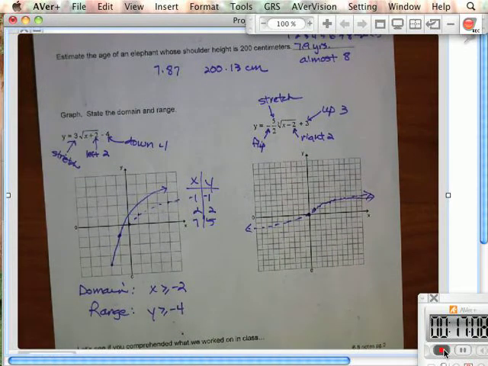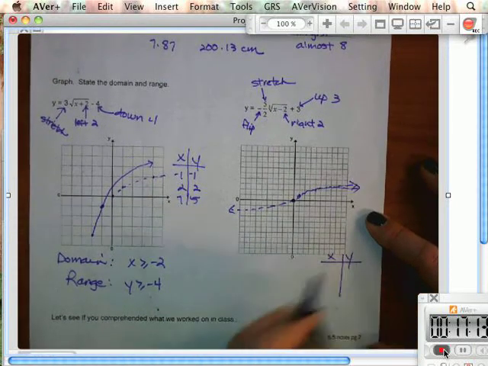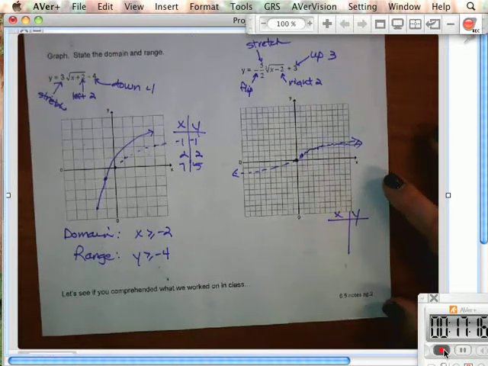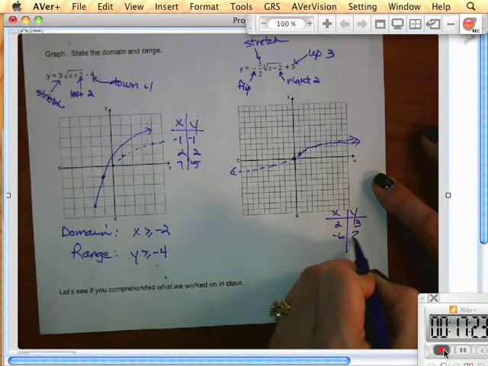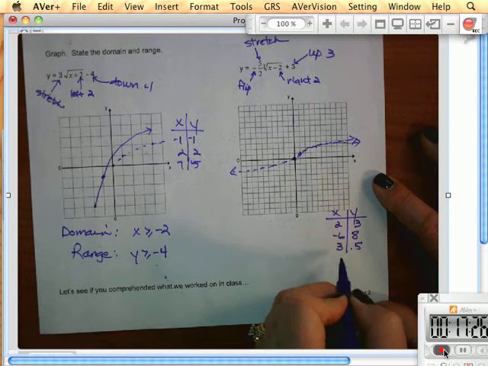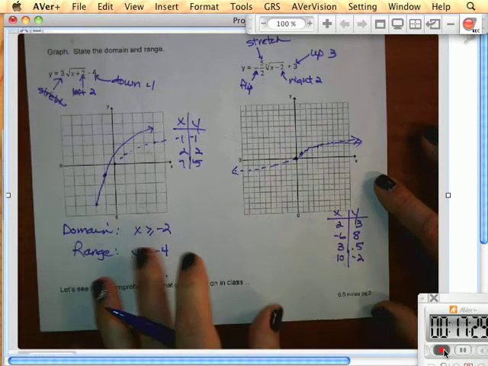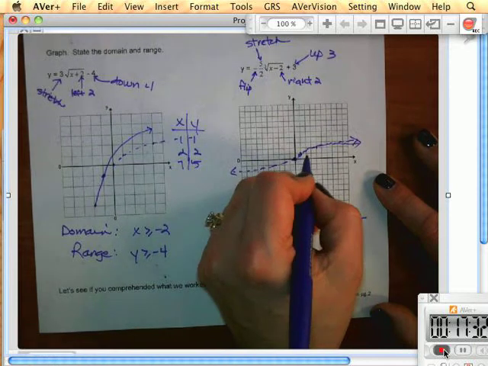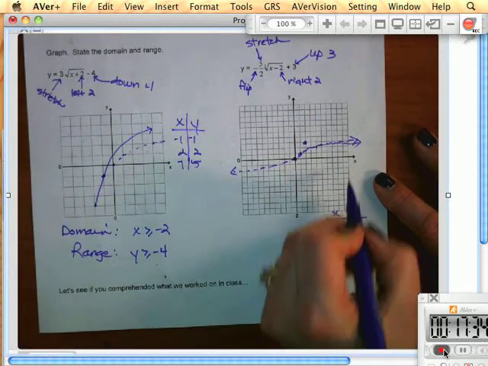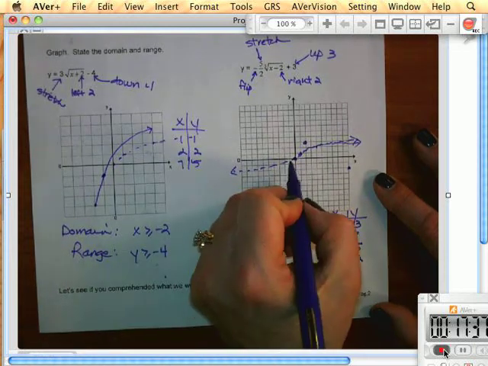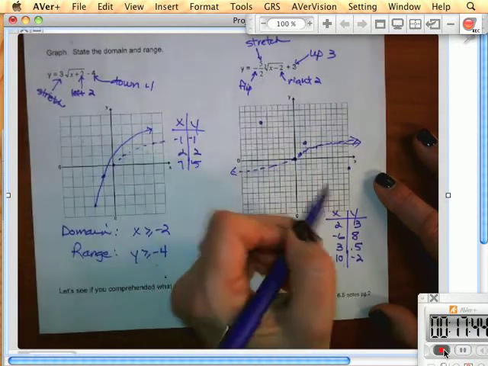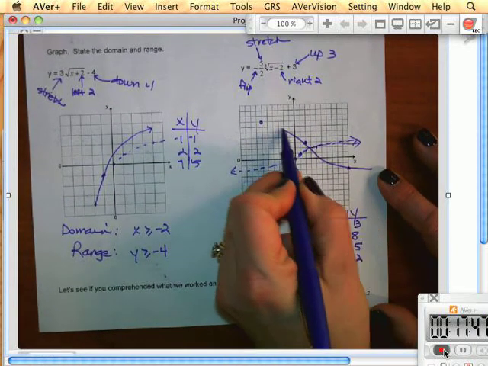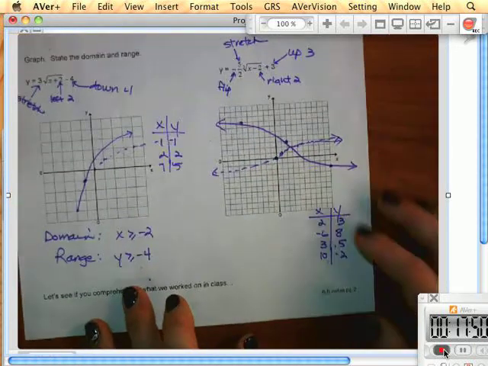You can do all that. Do the domain and the range.